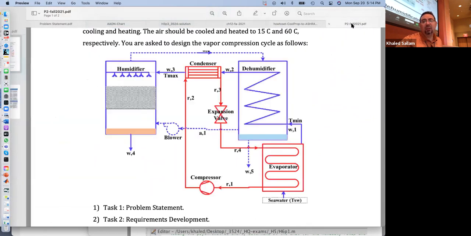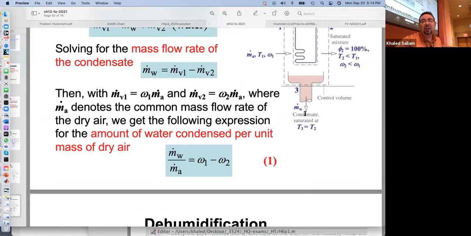So when I look at this project, this flow rate is simply this W minus this W: W before the cooling coil, W after the cooling coil, multiplied by the m dot air. It's exactly the same as this example, the exact same equation you're going to use.